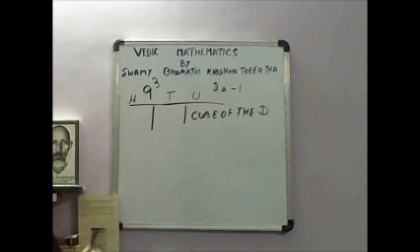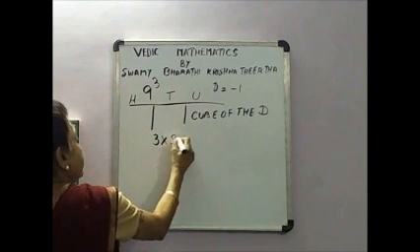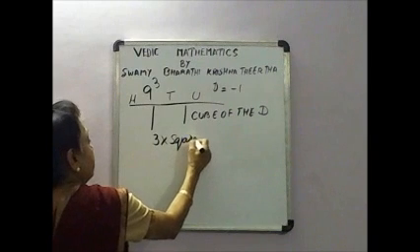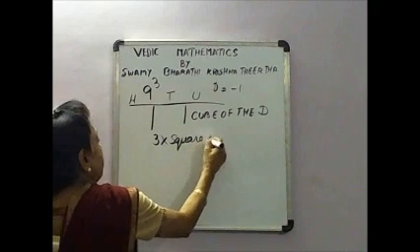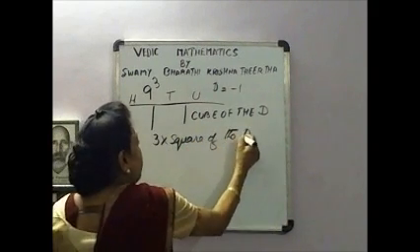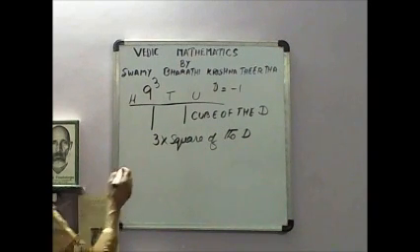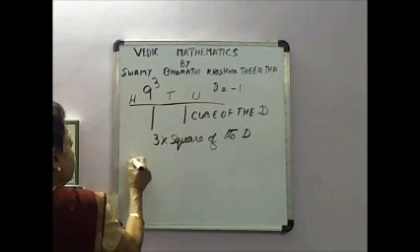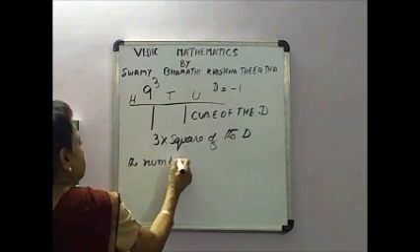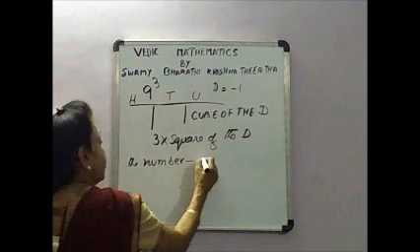The tens place answer he gives is equal to 3 times the square of the deficit. And for the hundredths place answer, he says the number minus 2 times the deficit.